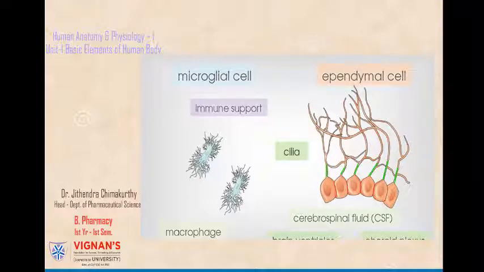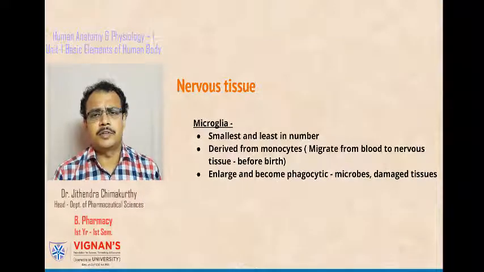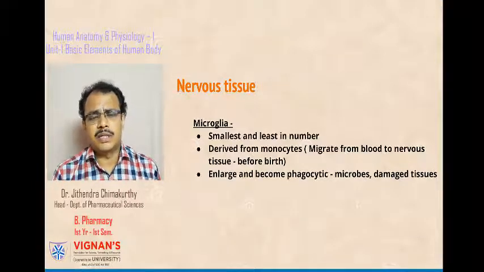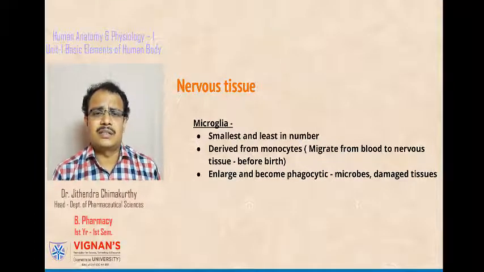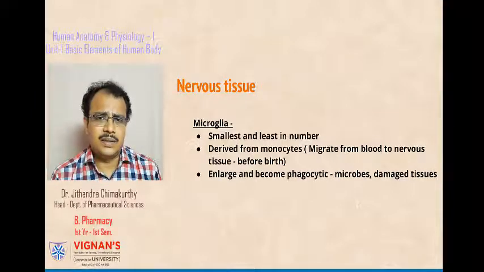The last type of neuroglial tissue is microglia. Microglia are small but numerous in number, and these microglia are similar to monocytes in blood.